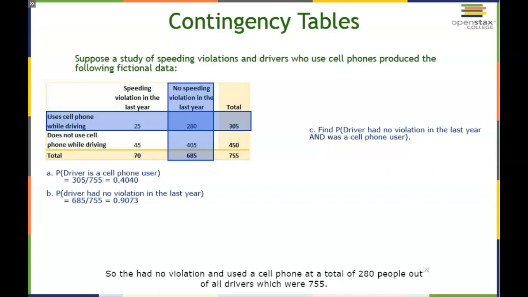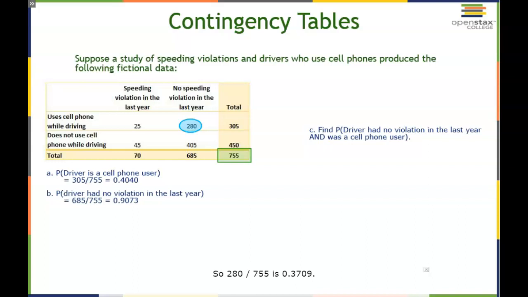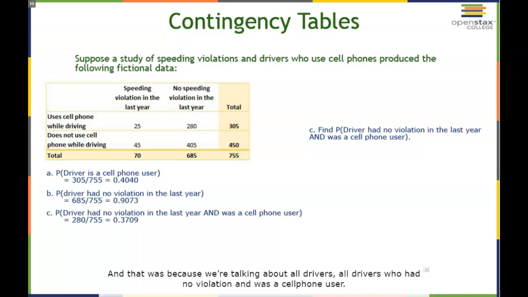So the had no violation and used a cell phone had a total of 280 people out of all drivers, which were 755. So 280 divided by 755 is 0.3709. And that was because we're talking about all drivers who had no violation and was a cell phone user.